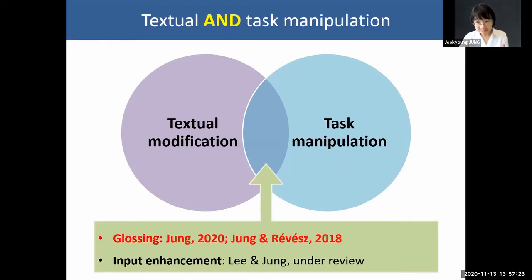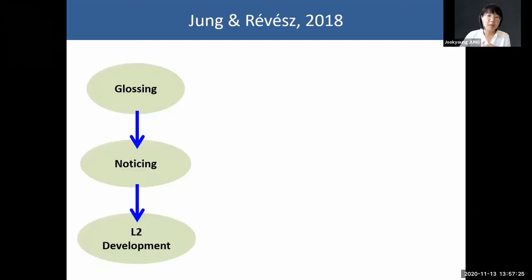So firstly, glossing. As I mentioned earlier, glossing is providing the meaning of unfamiliar lexical items in the text margin, and by doing so, promoting better reading comprehension and preferably noticing of the form-meaning connections of the glossed words. So this is the theoretical rationale of glossing.